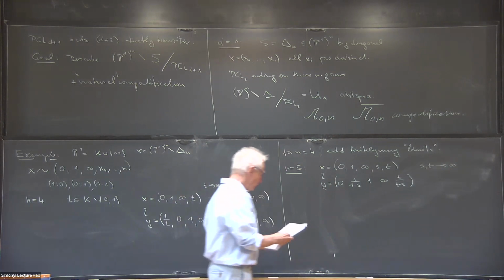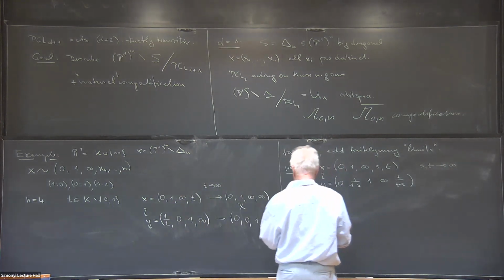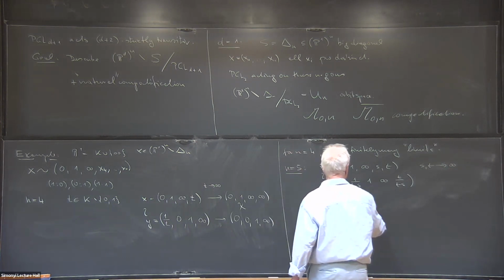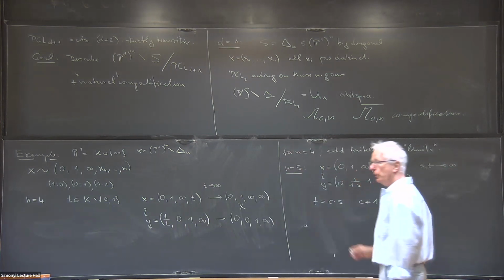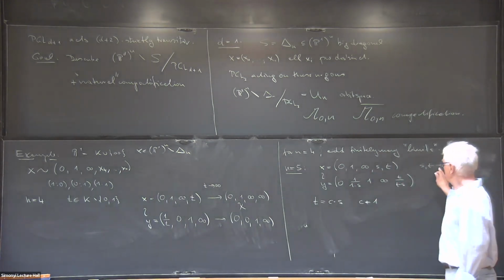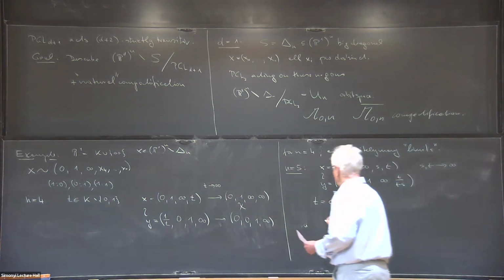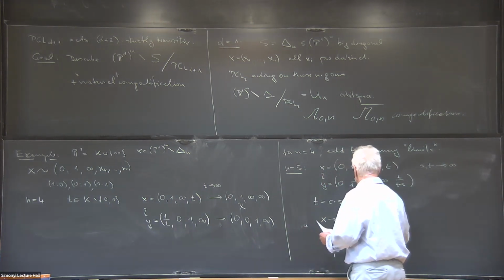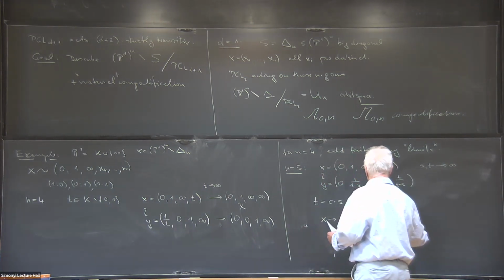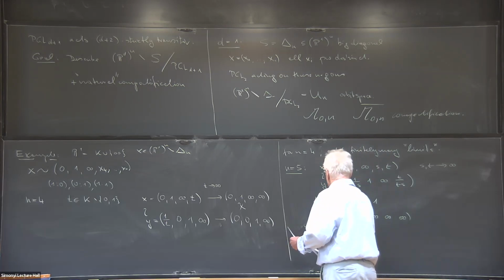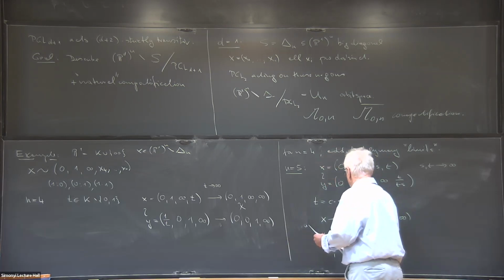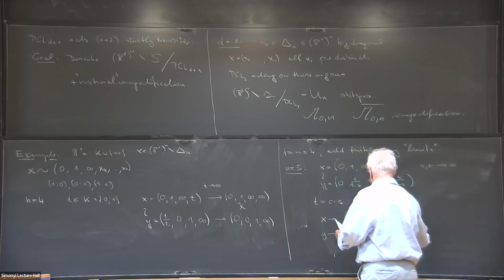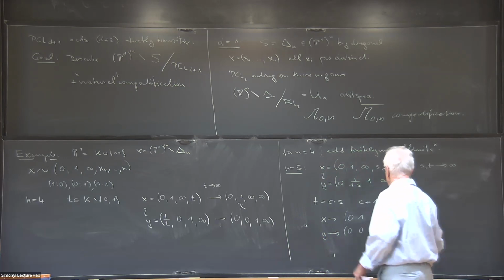So for instance, if you take t equals c times s, c not equal to 1, just a constant multiple, and you take both going to infinity, then x will go to 0, 1, infinity, infinity, infinity, and y will go to 0, 0, 1, infinity, c, c minus 1.